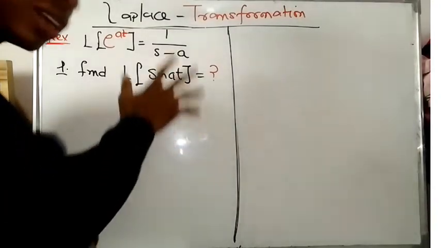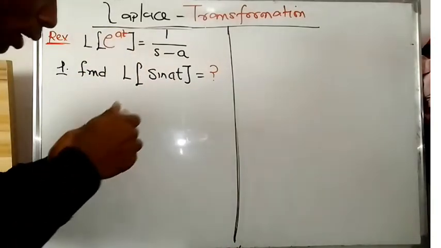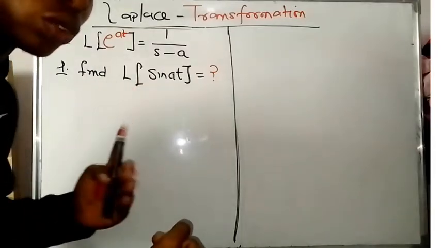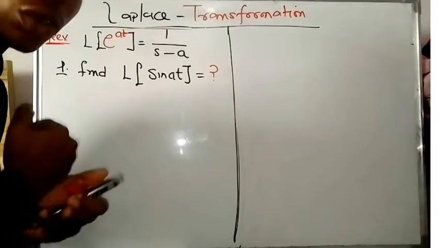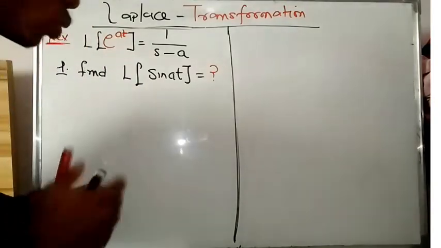This is our third standard solution to Laplace questions. I'm trying to make you understand these standard solutions we are deriving, because they make it easier for us to solve any Laplace transformation. So now let's work on this.